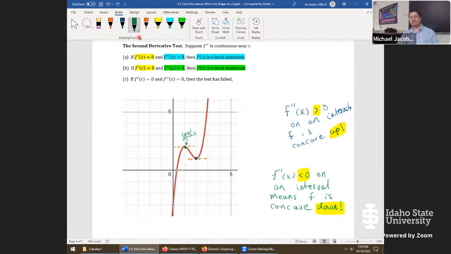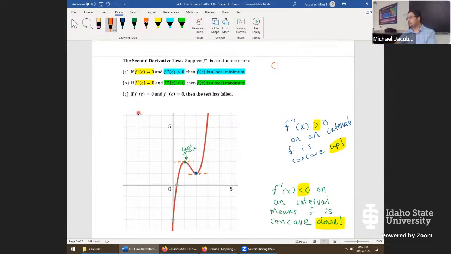So it's unfortunate that the concavity test and the second derivative test ultimately give us conclusions that are correct, but they could hurt your brain. They look backwards, they kind of look wrong. It's the right conclusion. So if you're going to use this test, here are the steps you have to take. Notice what's highlighted in yellow here.